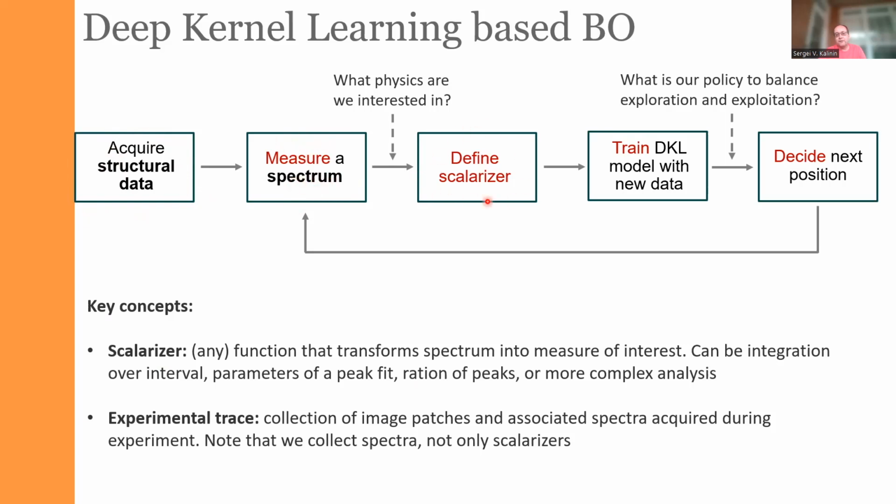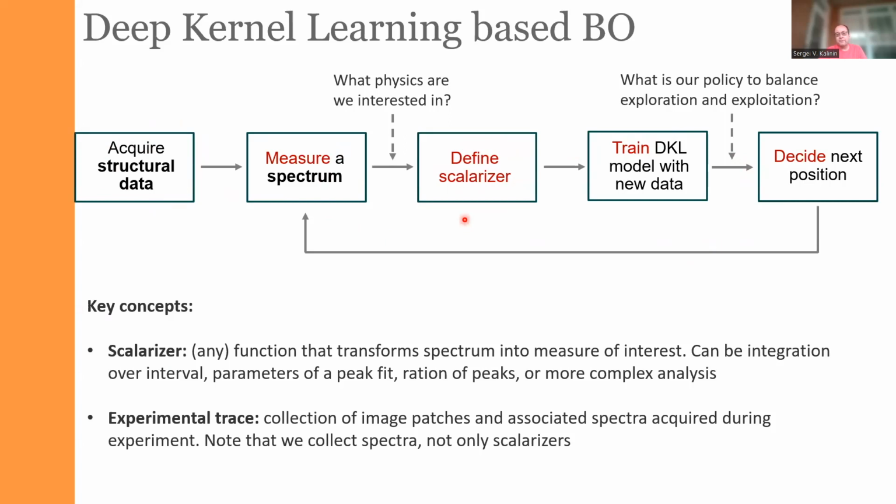So the scalarizer can be either a property you already calculated or a prediction DFT gives you. For example, the prediction can be the electronic structure, and then your scalarizer can be the HOMO-LUMO gap or the redox potential or whatnot. Then you train the DKL model in this space, using this as the target functionality, and then the cycle repeats.